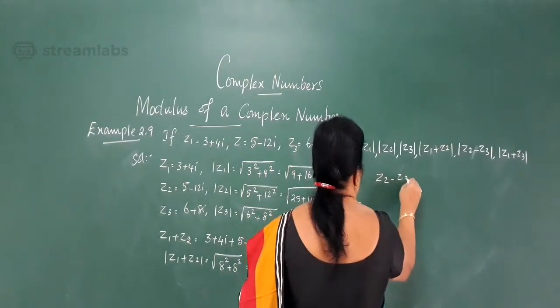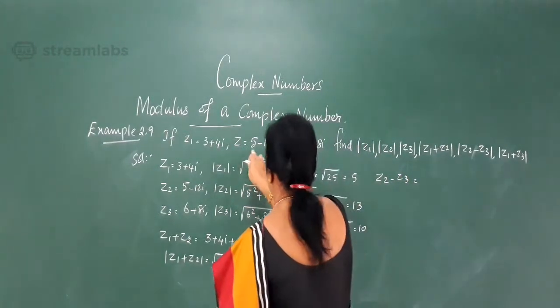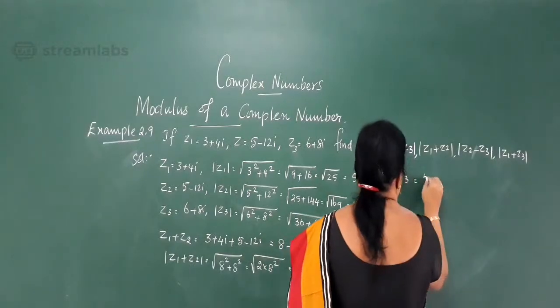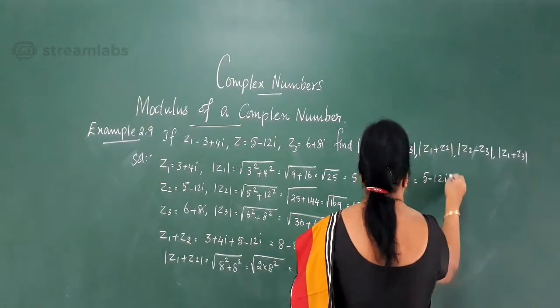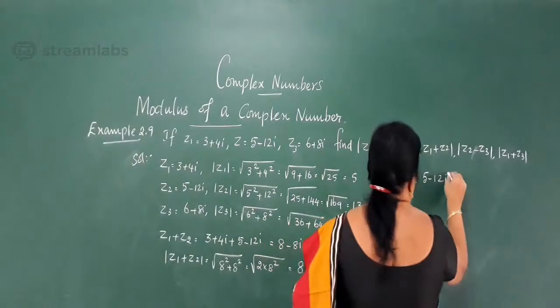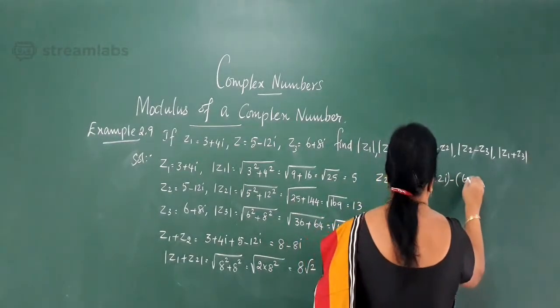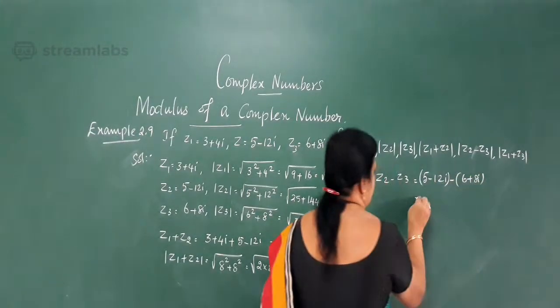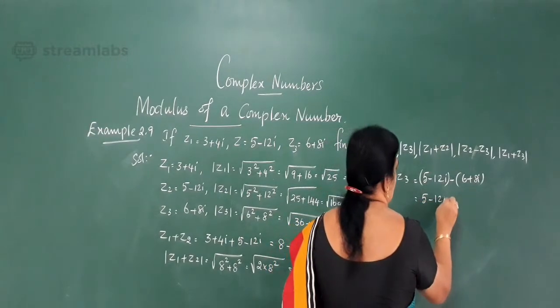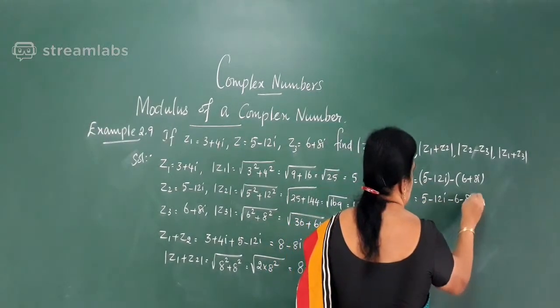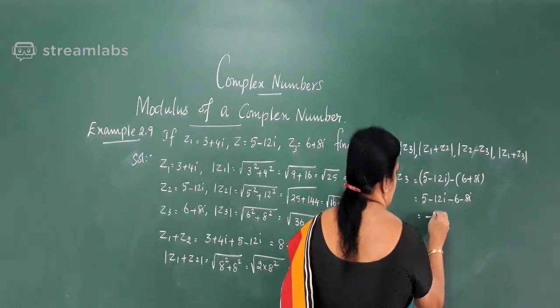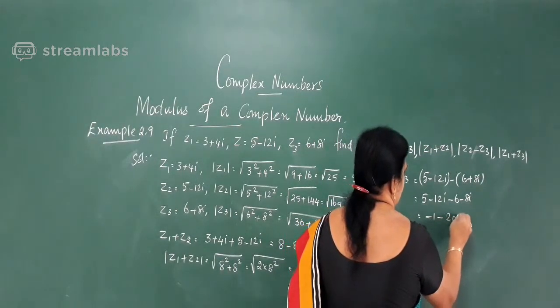First you find Z2 minus Z3. What is that Z2? 5 minus 12i minus 6 plus 8i. You remove the brackets. 5 minus 12i minus 6 minus 8i. See, minus 1 minus 20i.